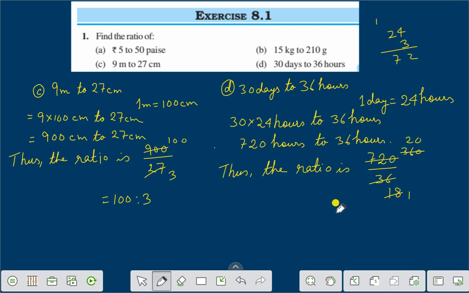Therefore, we can say the ratio is equal to 20 is to 1.